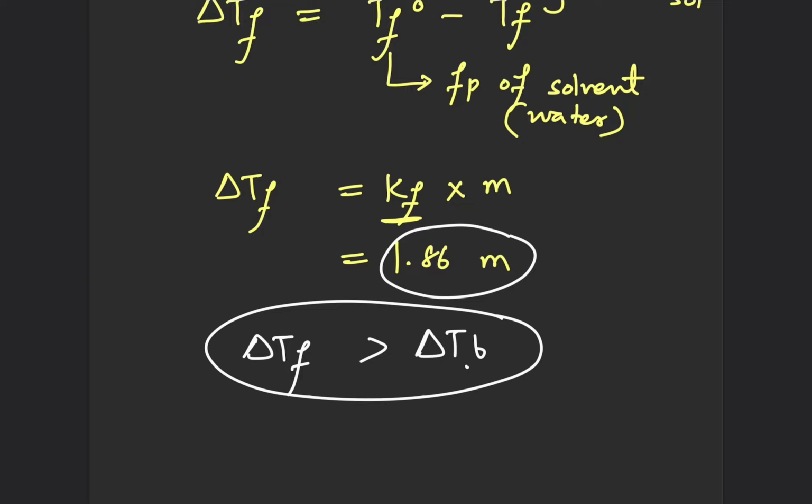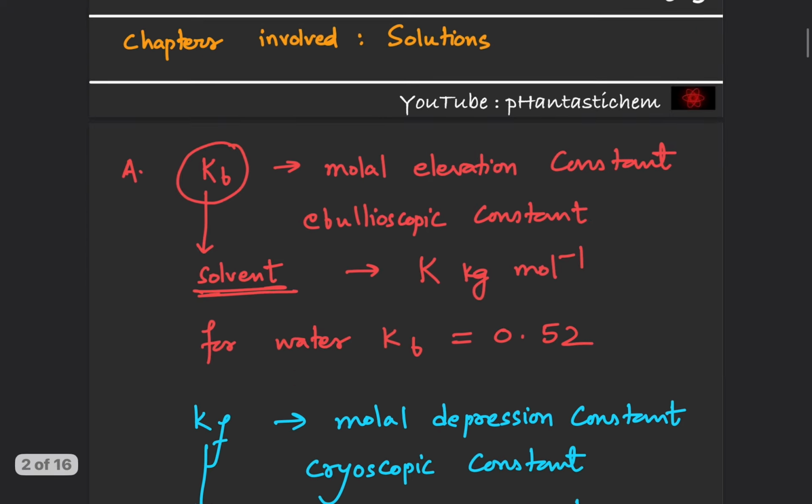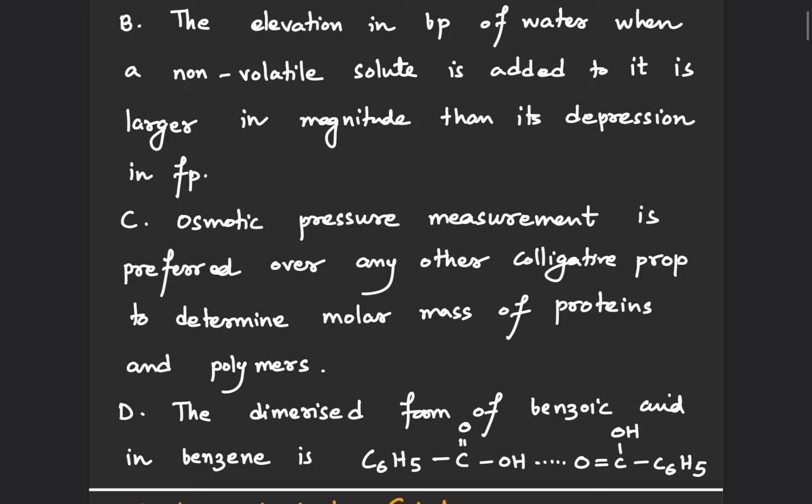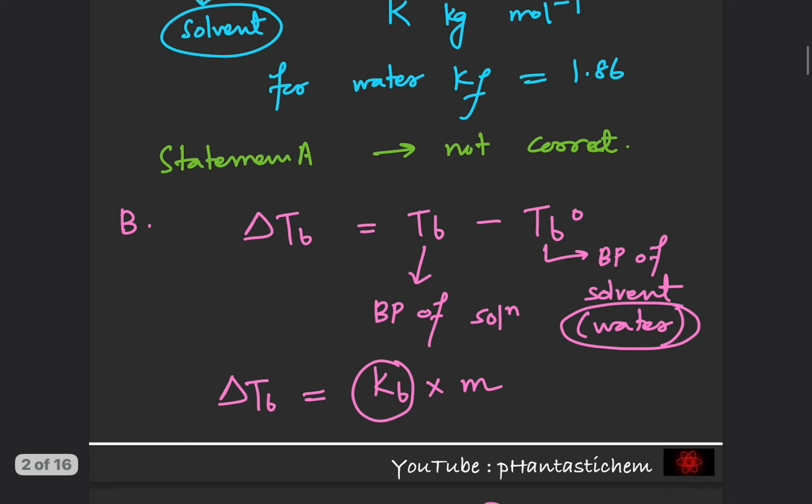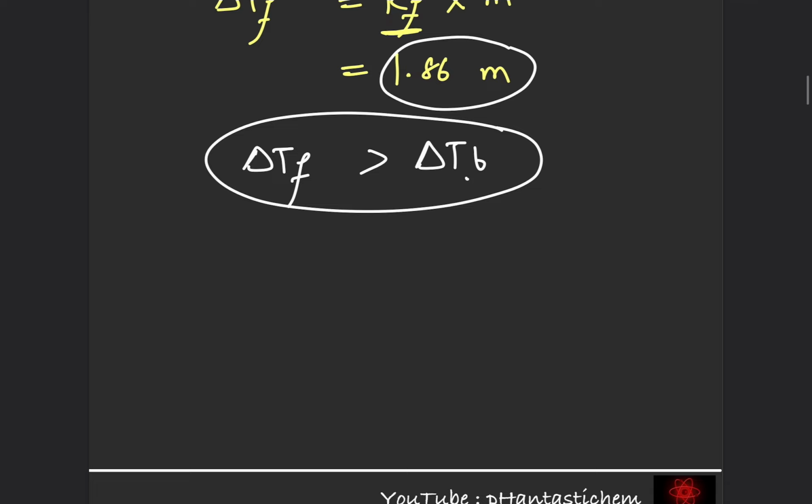This is what we got, and our statement is saying that delta Tb is greater than delta Tf. So therefore statement B is also incorrect. So I will write it down. Statement B is also not correct. Okay, cool.